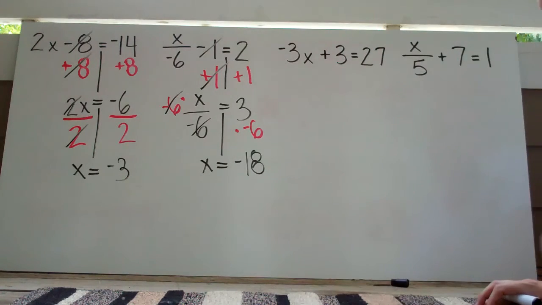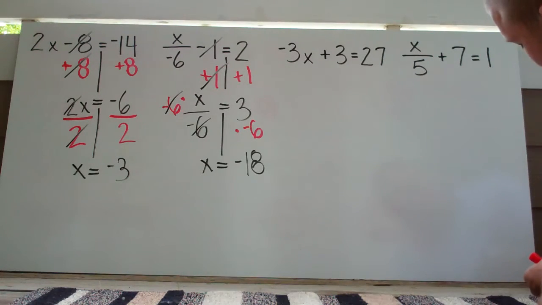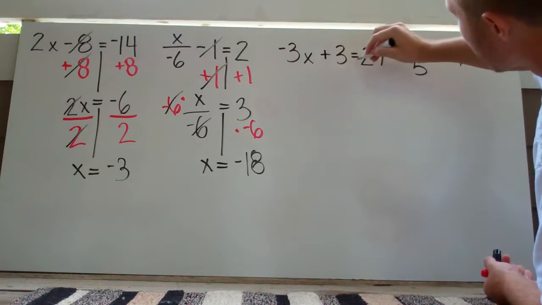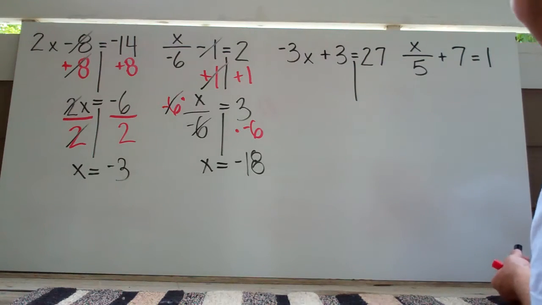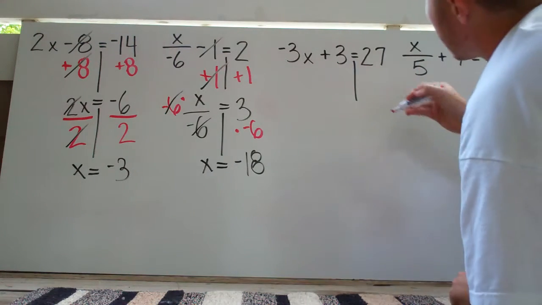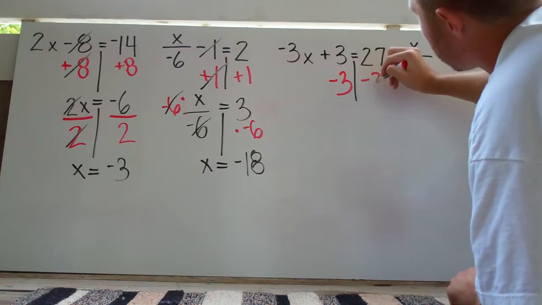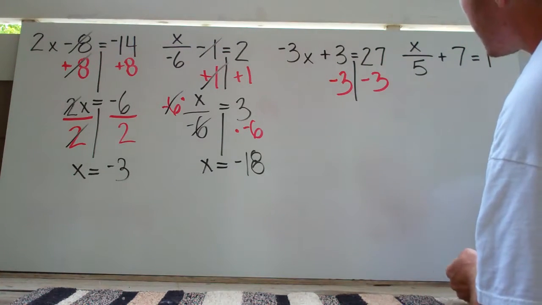Next one. Negative 3x plus 3 equals 27. Alright, so first thing we have to do here, I'm going to draw this line. First thing we got to do is add or subtract first. Well, I've got plus 3, so I'm going to cancel it out with a minus 3. Beautiful. And then on this side, same thing, coming at you with a minus 3.